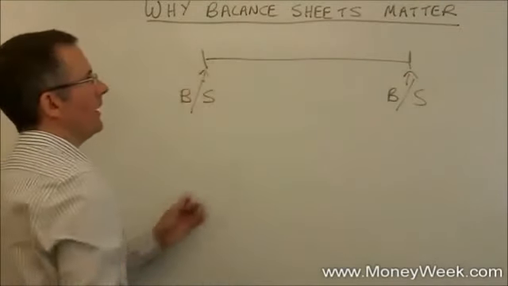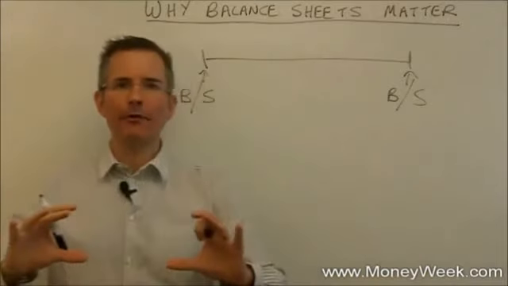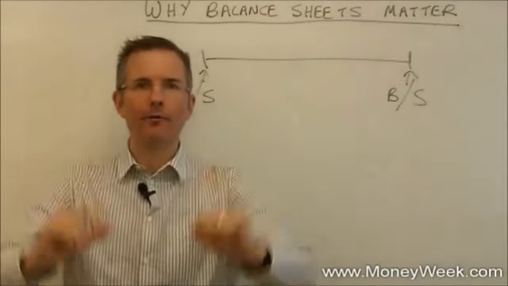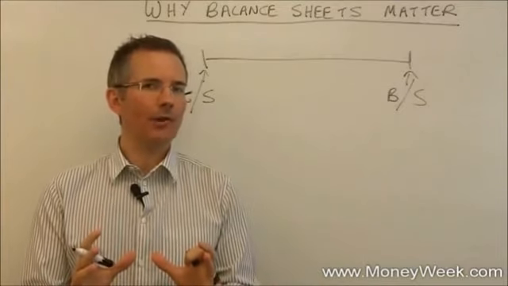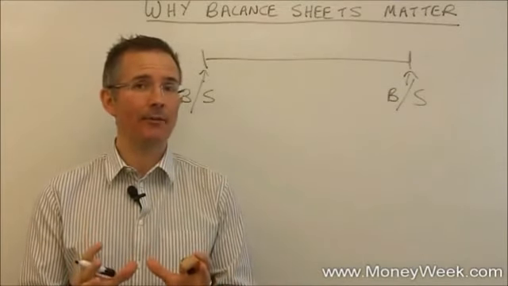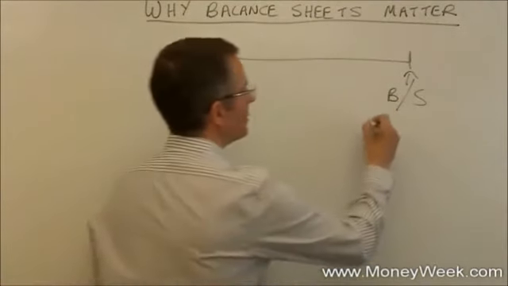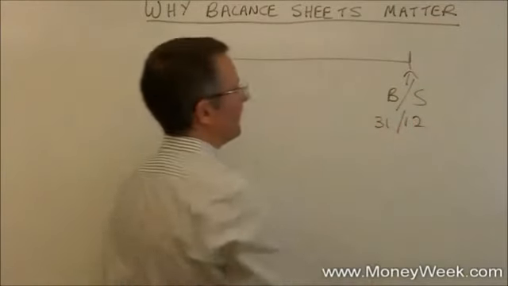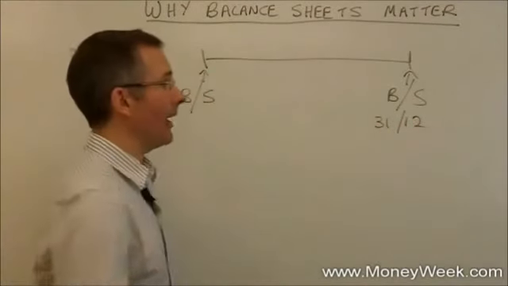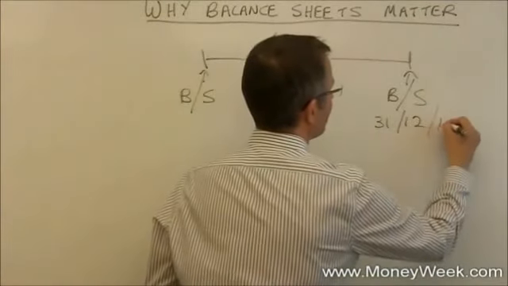As such, it represents you freezing the business and taking almost a photograph of where it's at right now. And you'll notice the balance sheets are prepared at specific dates. So, for example, you might have a balance sheet prepared at the 31st of December for a particular year, say 2010.